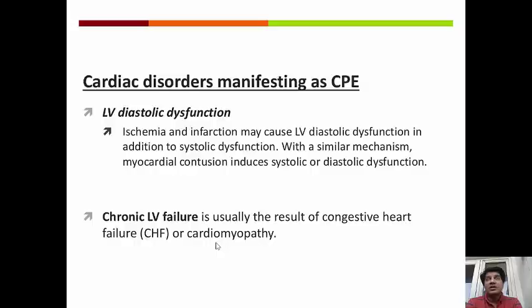Pulmonary edema is less likely to develop in chronic LV failure because, as I told you, the acuteness of the event matters. But when an acute event like ischemia or arrhythmia occurs on top of the usual cardiac failure, then obviously it can manifest as cardiogenic pulmonary edema.